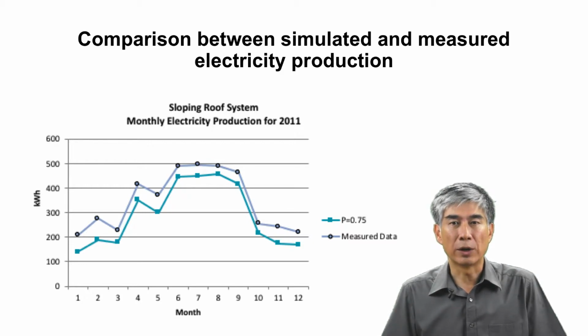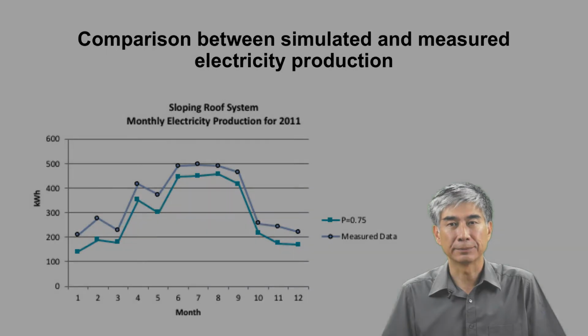Although the overall simulation underestimates the electricity production in this case, the simulation predicts well about the trend over the year and can still provide a reasonably good information for design decision making.